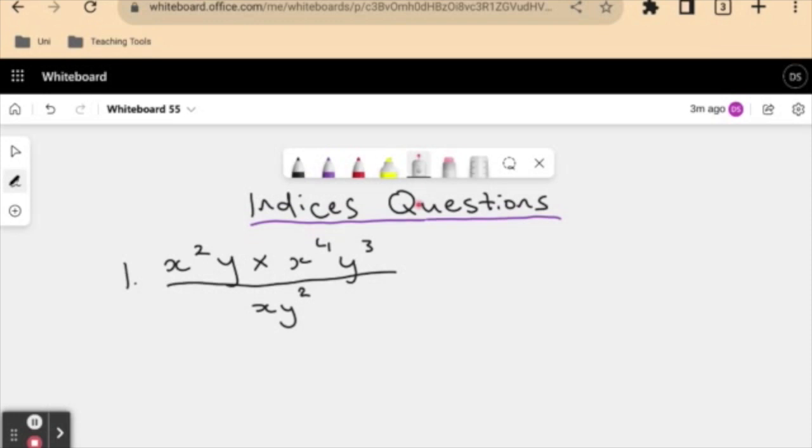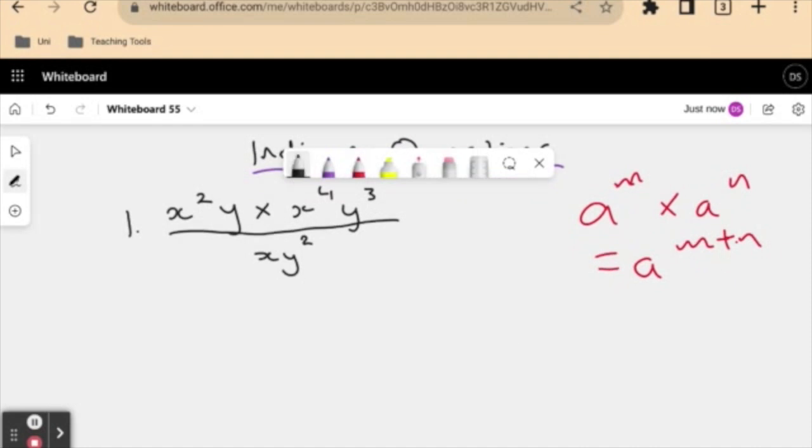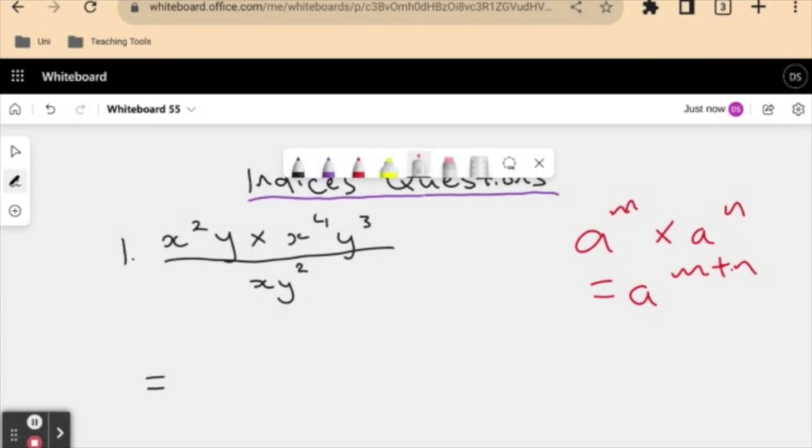So here we have a fraction, but in our numerator, we've got a few similar terms, and we have a multiplication happening here. If we remember from our indices before, if we have a to the power of m multiplied by that same base, we can add the powers. So working through this question, we have x to the power of 2 and x to the power of 4.